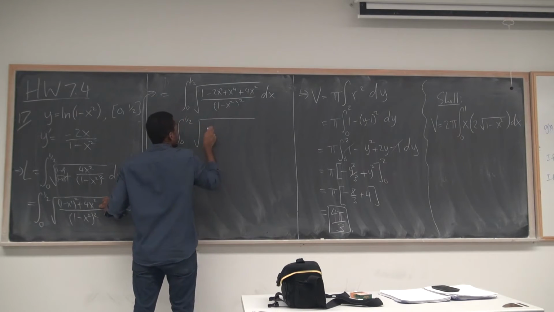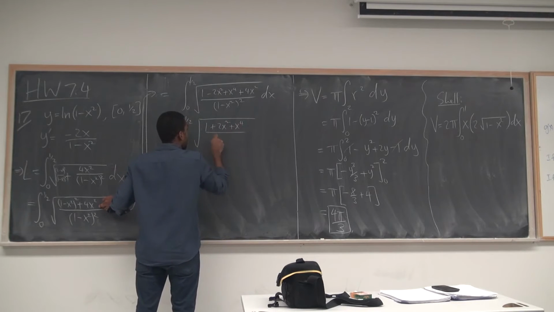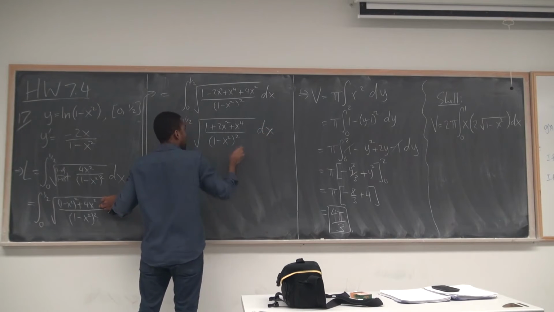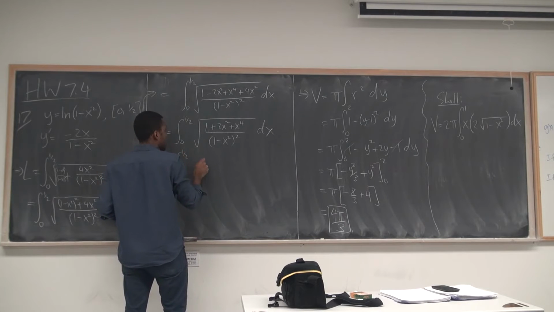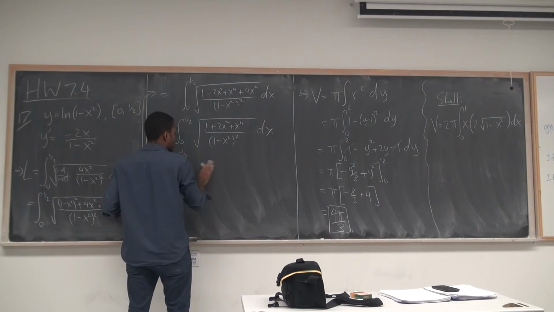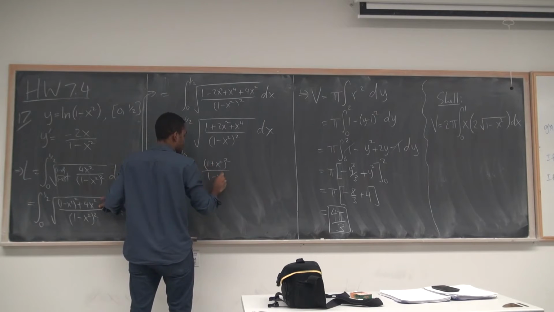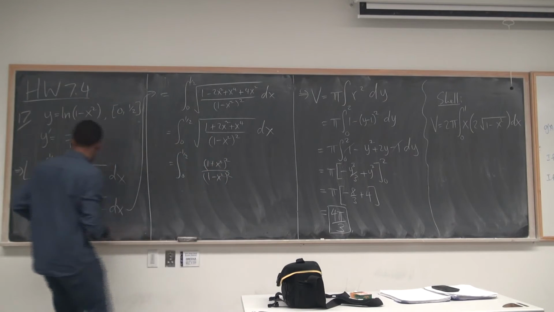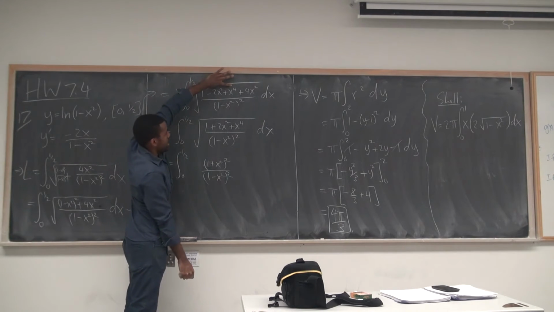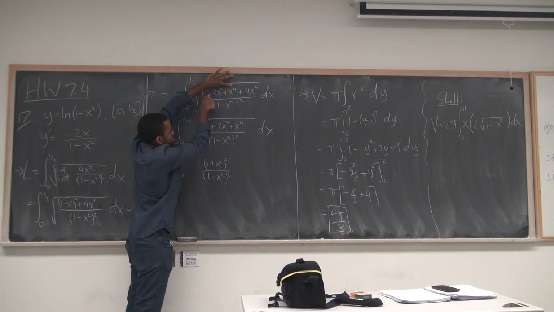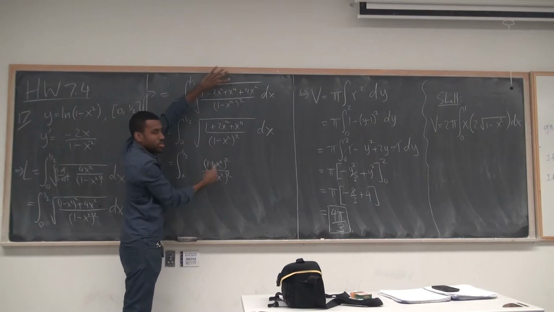This becomes 1 plus 2x squared plus x to the fourth over 1 minus x squared squared. And what's this? It's 1 plus x squared squared, because we saw that when I expanded 1 minus x squared squared, I got this guy, which looks just like that guy, but there's a plus sign instead of a minus sign, so it's factored.